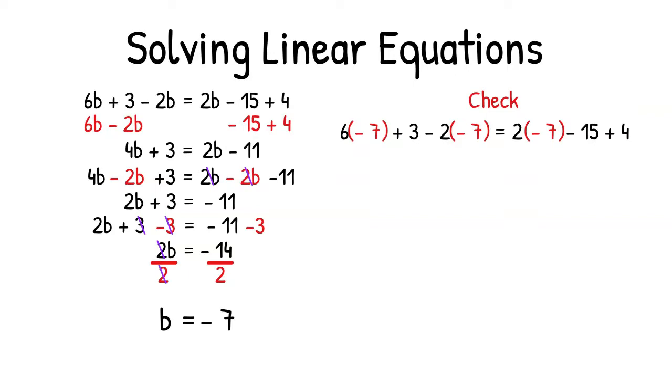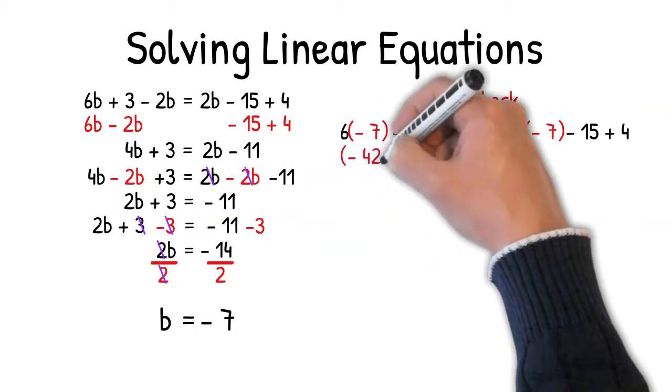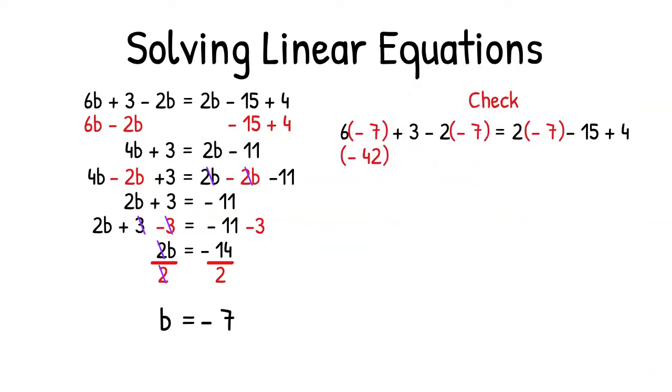Now comes multiplication or division going left to right. For this equation, we do have multiplication. 6 times negative 7. Positive times negative is negative. 6 times 7 is 42. Negative 42. Next, remember minus 2 is the same as plus negative 2.